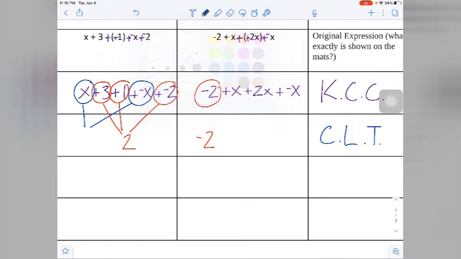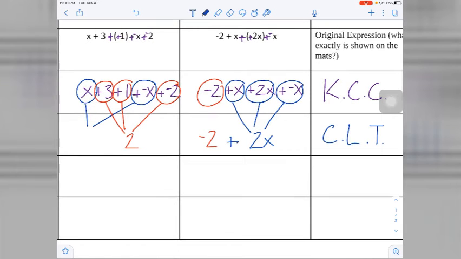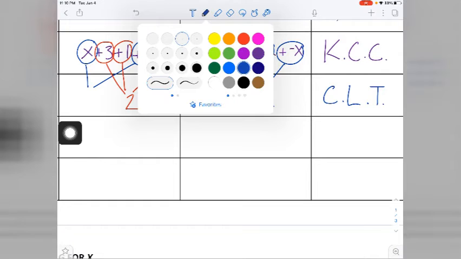So then I also have an x plus 2x, which makes 3x, and then plus -1x goes back to 2x. So this x and this x sort of cancel each other out, and all I have left is the 2x and the -2. So now I've combined all my like terms, and some students stopped there.